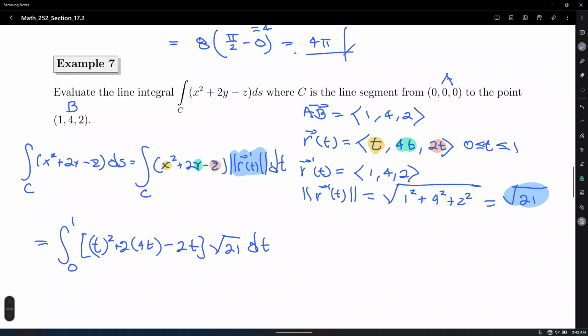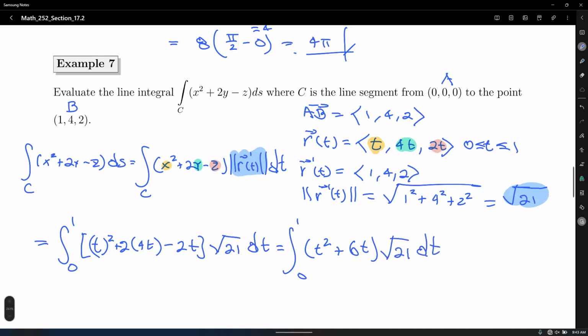Let's simplify this because there are like terms. The integral from 0 to 1 of t squared plus 2 times 4, which is 8, 8 minus 2 is 6, so 6t, times the square root of 21 dt.